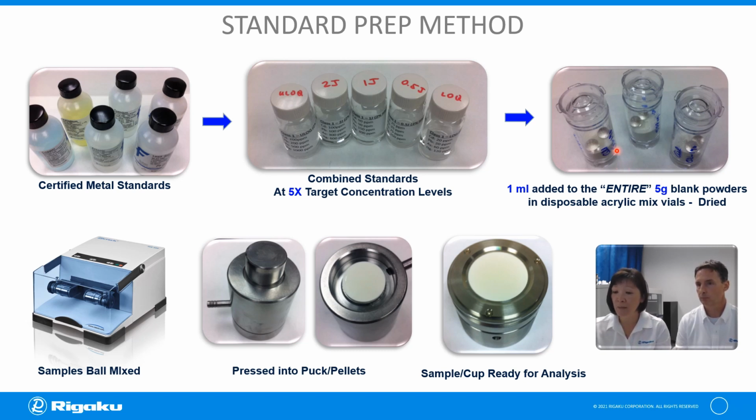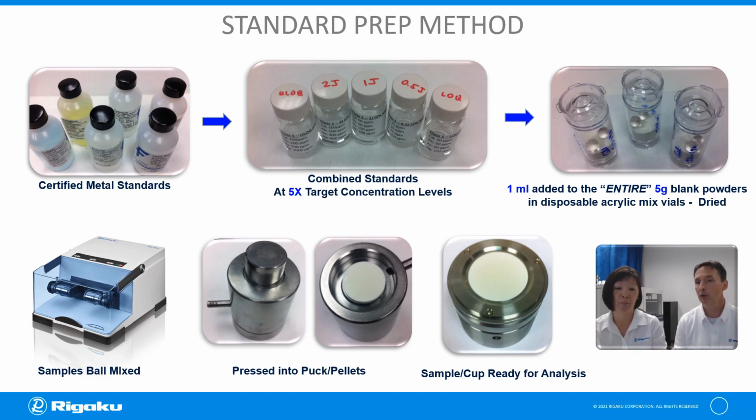We make it 5 grams here, spike in these concentrations, and then from there we would dry it in an oven or a vacuum oven. After it's dried, you would just cap it and mix it about 5 minutes thoroughly, and then just pour the entire content into this die assembly and press it into an actual pellet or a puck. And then from there you would just directly analyze it. So you have a bigger surface area, a bigger amount, as you're analyzing the entire thing.